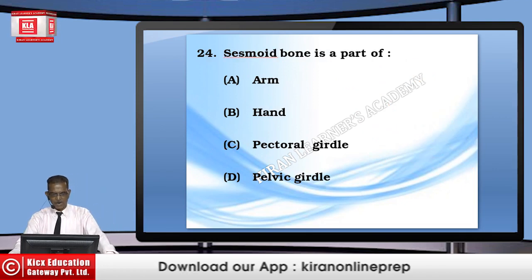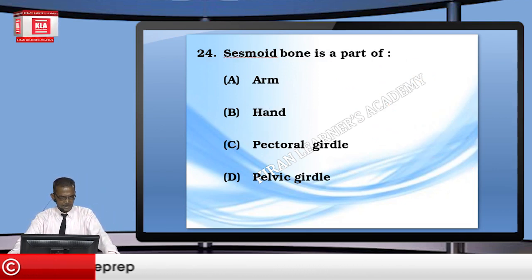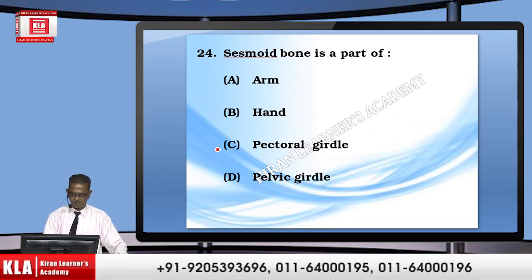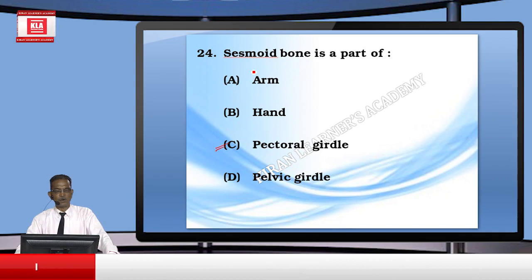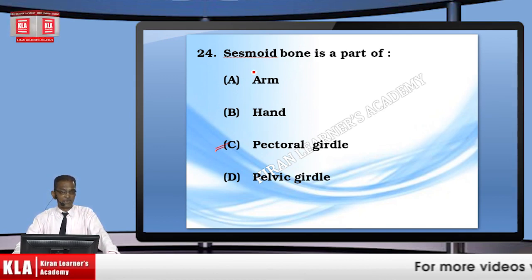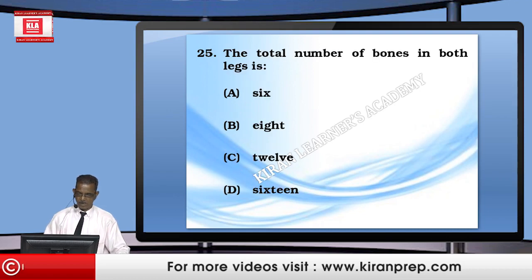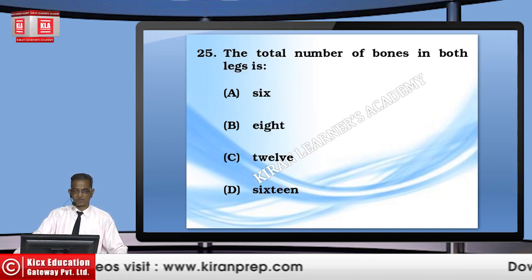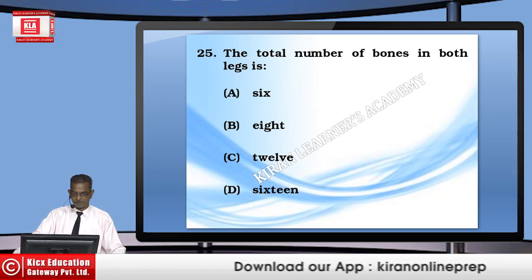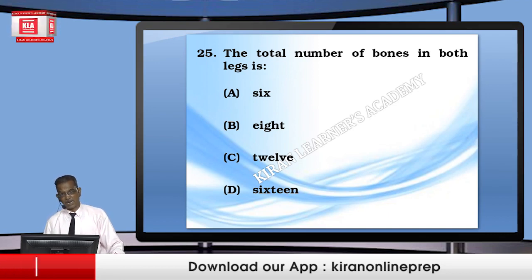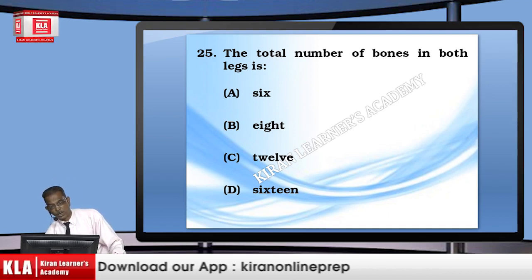Next, sesamoid bone is a part of, again I think it's sort of a repetition, the pectoral girdle. The arm, the pectoral girdle, where we see bones like the knee, shoulder blade, that's where this sesamoid bone is present. Then, the total number of bones in both legs, how many? There is femur, tibia, fibula, and then there is what we call the patella.